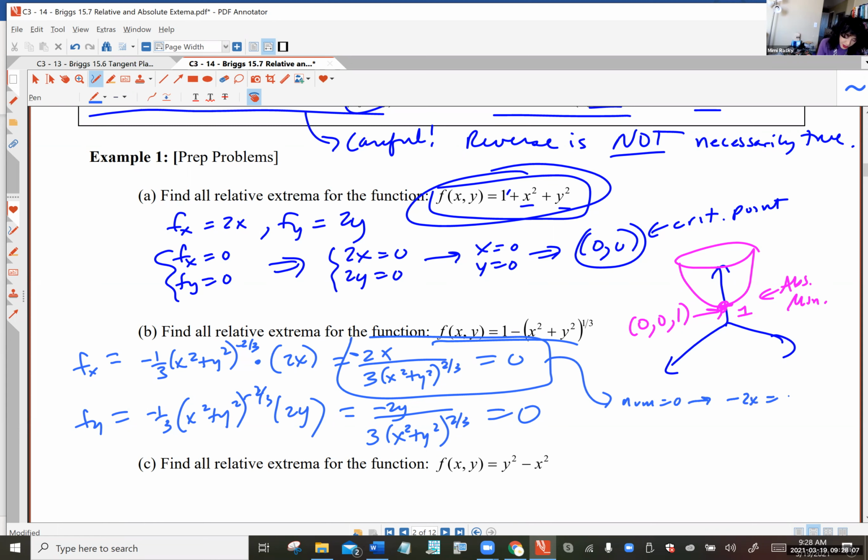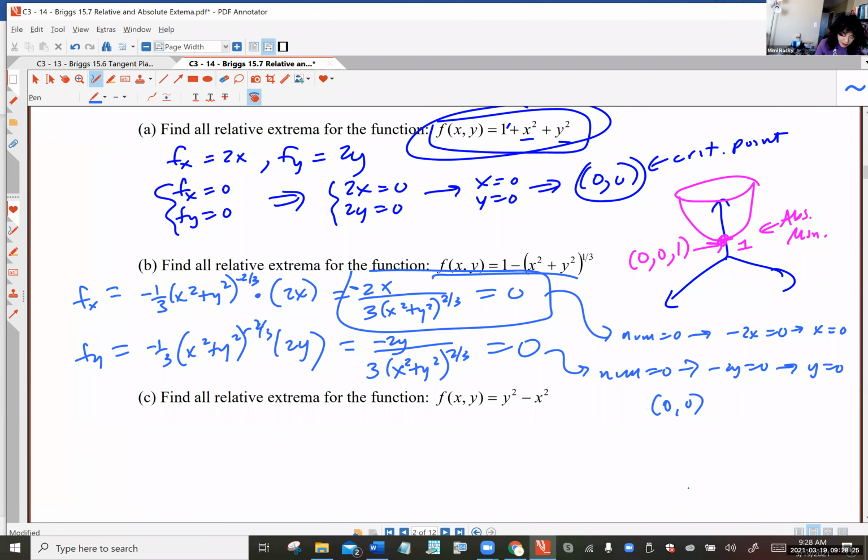So when negative 2x equals 0, well, that's when x equals 0. And when we do the same thing for the other partial, setting its numerator equal to 0, I get negative 2y equals 0. So, oh wait a minute, I get 0, 0 being a critical point again. But I claim not only does it make those numerators equal to 0, it's also going to make the denominators equal to 0.